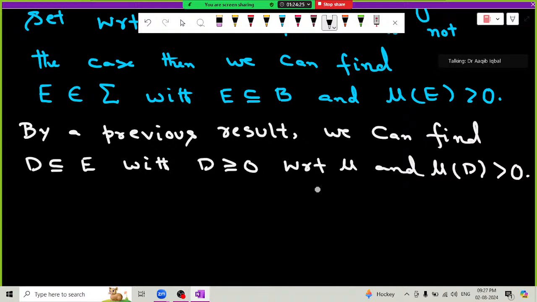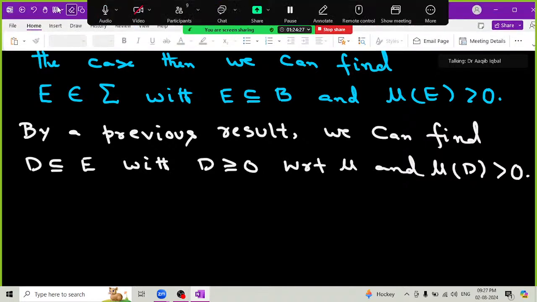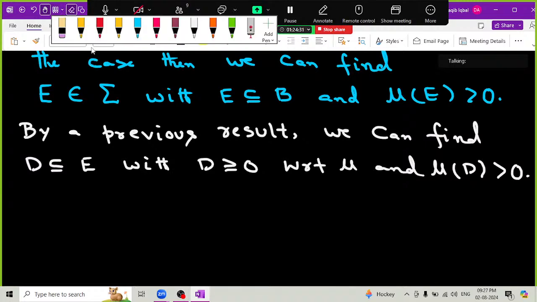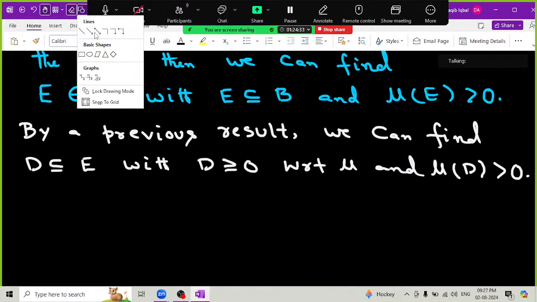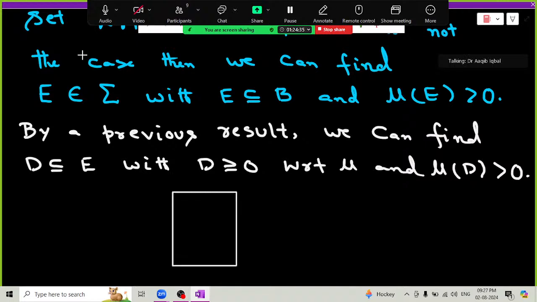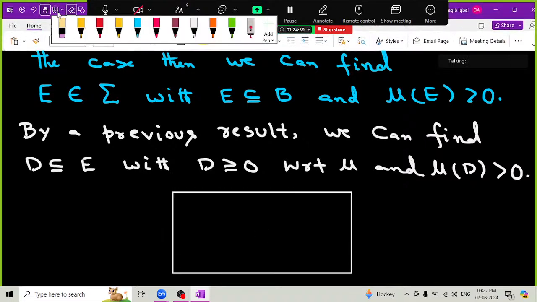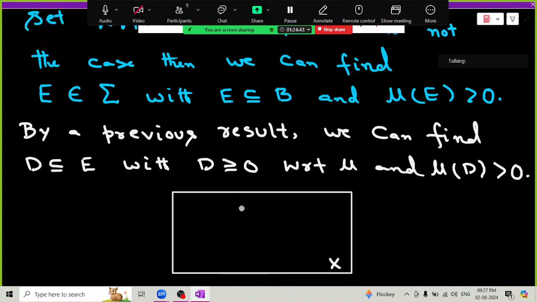अब यहाँ आप एक picture draw करिए. Suppose this is X. Let's suppose this is A. What is B?